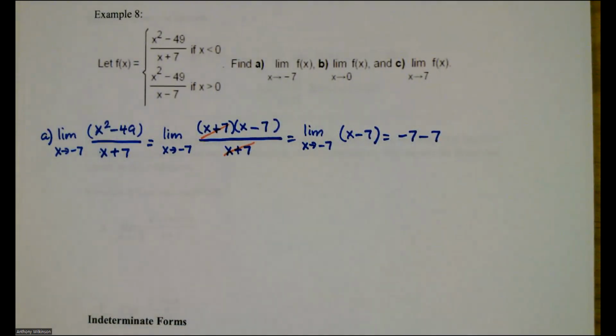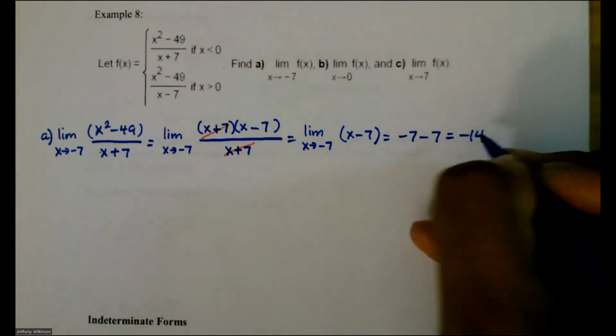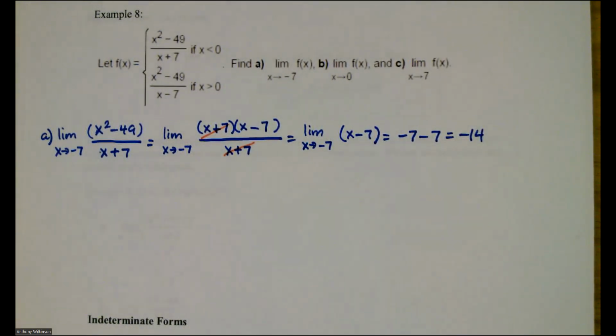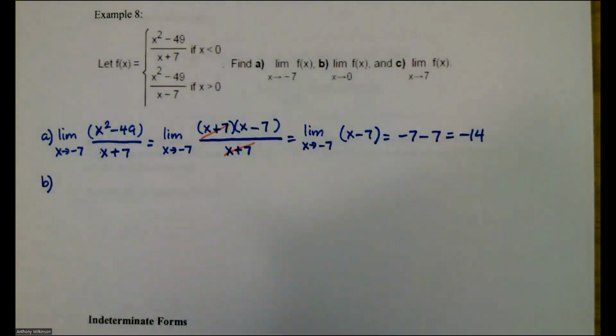So -7 minus 7 ends up -14. So the limit as x approaches -7 of x squared minus 49 divided by x plus 7 will end up being -14. So that's part A.